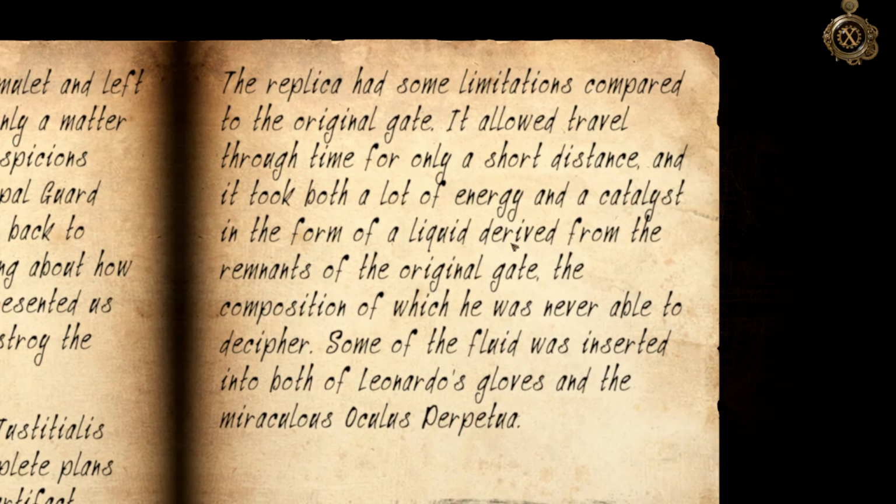The replica had some limitations compared to the original. It allowed travel through time only for a short distance, and it took both a lot of energy and a catalyst in the form of liquid derived from the remnants of the original gate, the composition of which he was never able to decipher. Some of the fluid was inserted into both of Leonardo's gloves and the miraculous Oculus Perpetua.